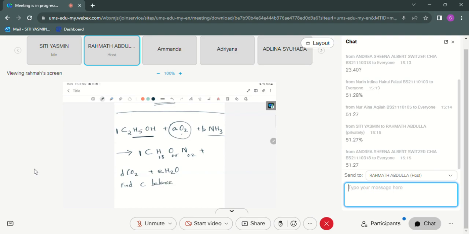All right, so here you can see carbon is 2.